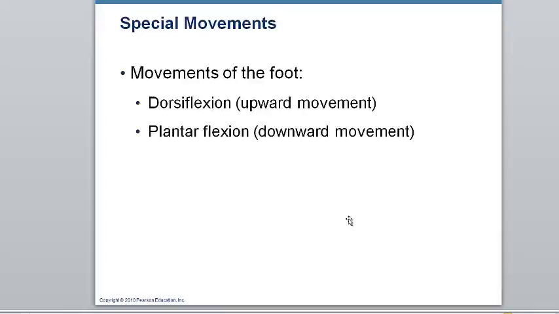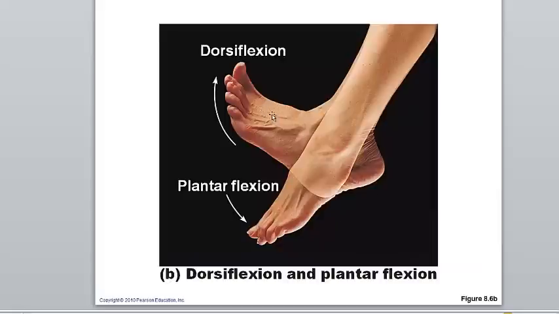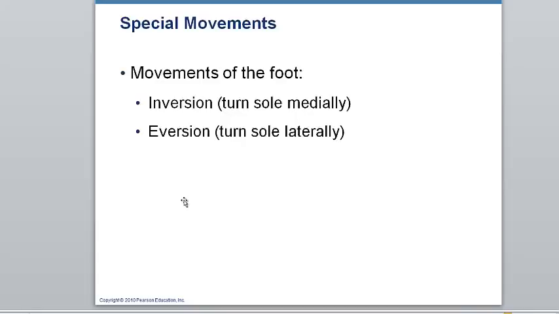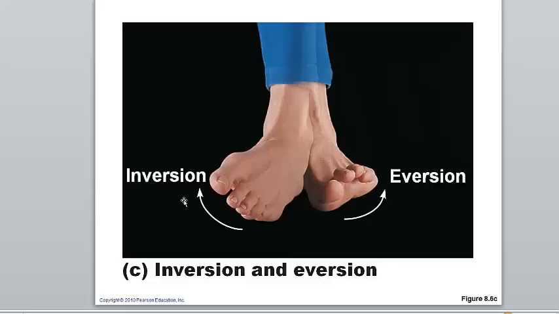Next special movement that we're going to talk about is dorsiflexion and plantar flexion. Dorsal part of your foot is this area, and the plantar part is the sole of your foot. So if you flex your foot towards the dorsal part of your foot, it's dorsiflexion. And if you flex your foot towards the sole of your foot, it's plantar flexion. The next special movements in your foot are inversion and eversion.